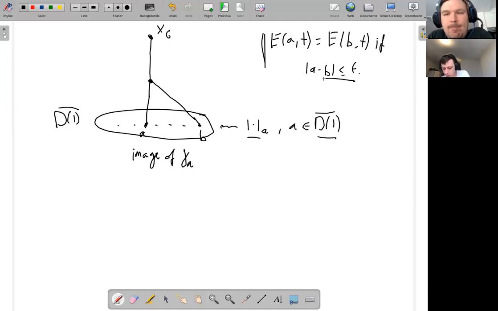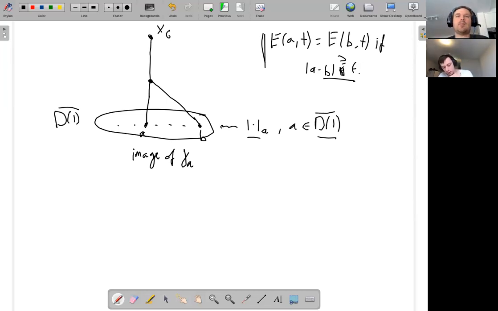Now I'm starting to think maybe I have this equality the wrong way around. Let me think for a second. These start out as different points, but for a large enough radius, they coincide. Yes, I think this is the other way around. Yeah, I think it's like that.